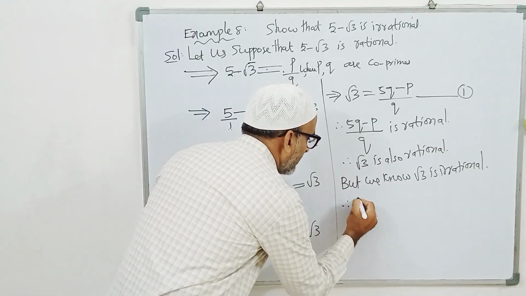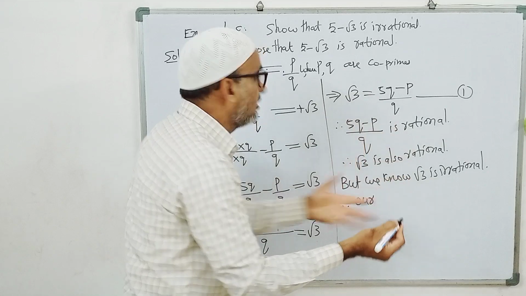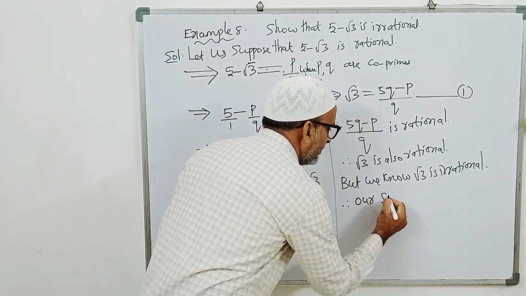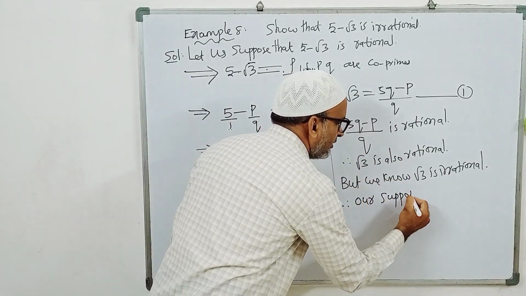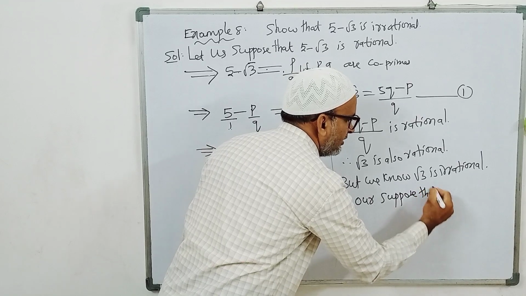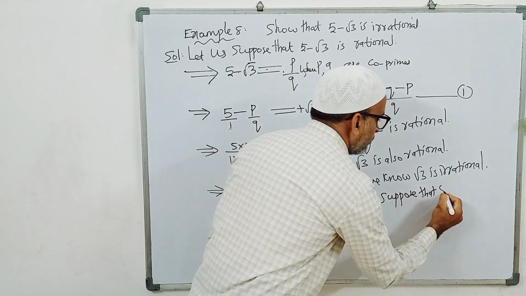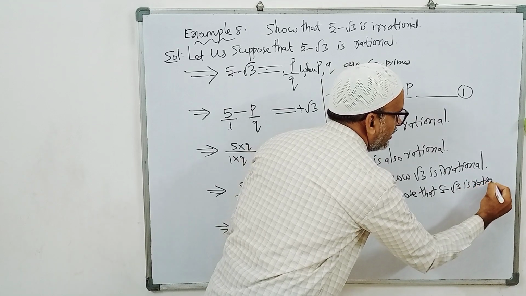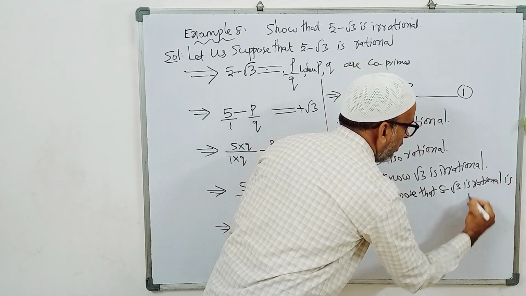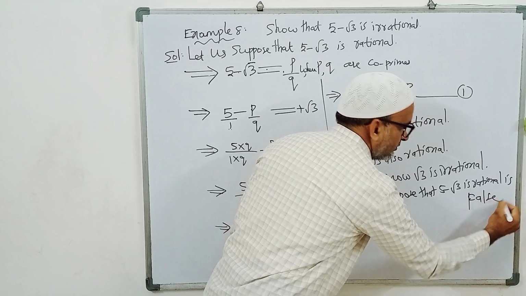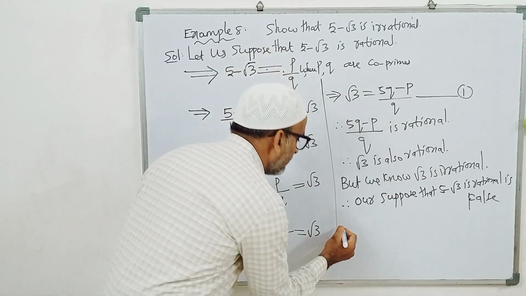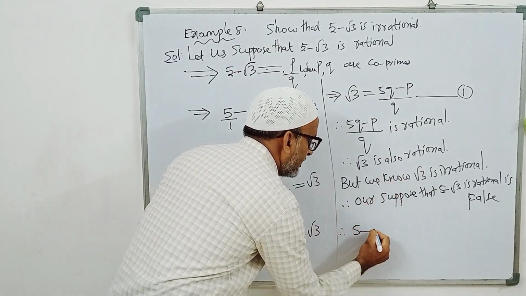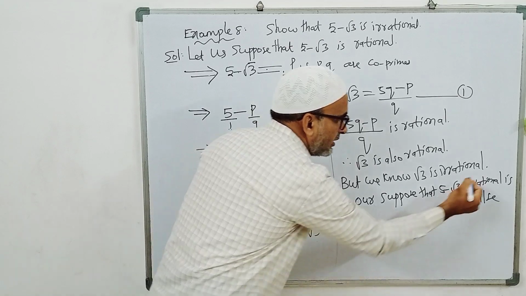Therefore, our supposition, our assumption, directly I am writing our suppose that, what is our supposition? 5 minus root 3 is rational is false. This is false means therefore 5 minus root 3 is rational is false.